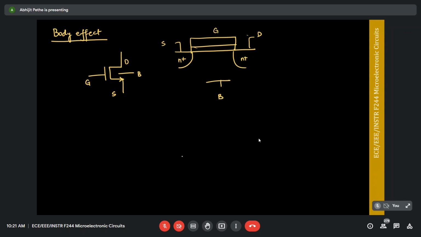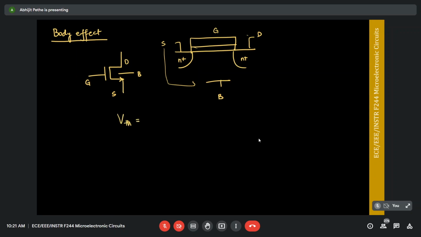Normally in most cases, we will ground the body and substrate together, so you don't have an issue. In the case where the body and substrate are not tied together, you end up having a change in VT. If there is a bias present between the source and body, you get a change in VT.